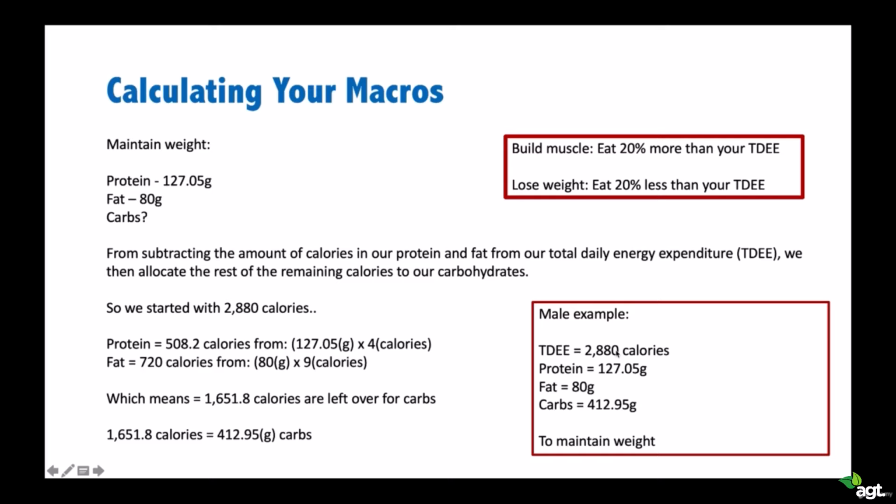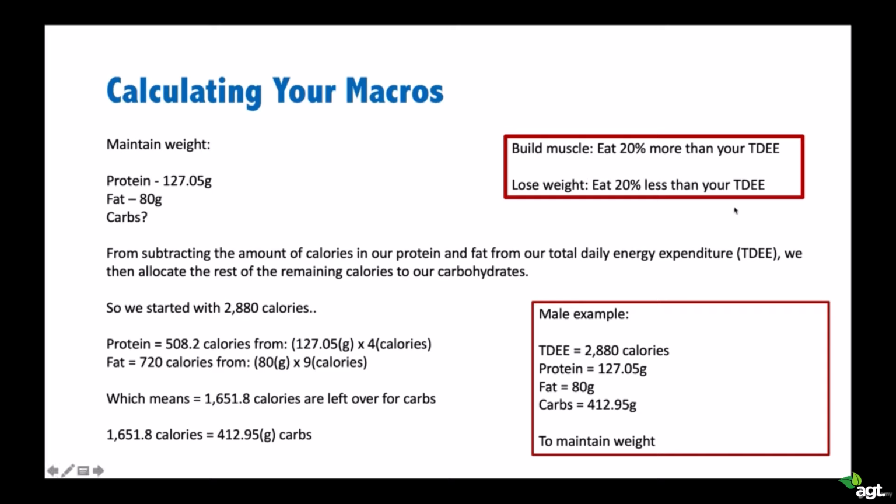So on top of 2,888, I'd need to be eating an additional 576 calories to put on weight, and that would roughly come to about 3,456 calories. So that's in order to gain weight.